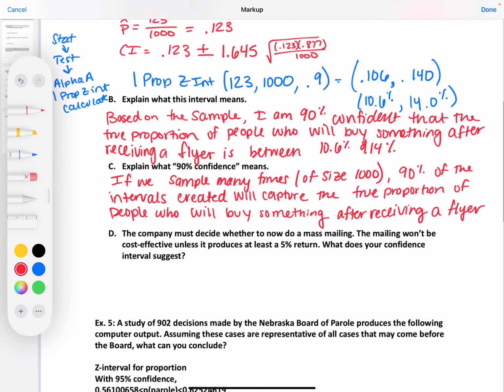Then the company must decide whether to do a mass mailing. The mailing won't be cost effective unless it produces at least a 5% return. What does your confidence interval suggest? Do you think they should do it or not? Meaning they want at least 5% of people to actually make a purchase for it to be cost effective.